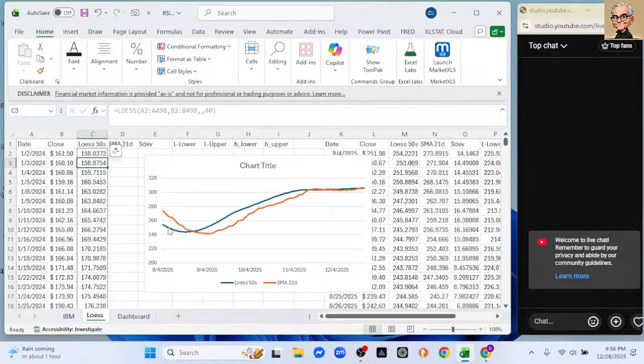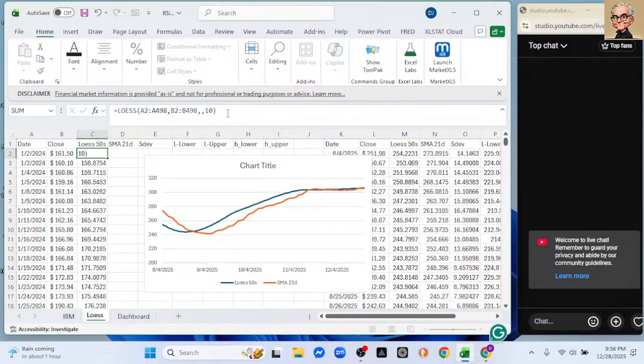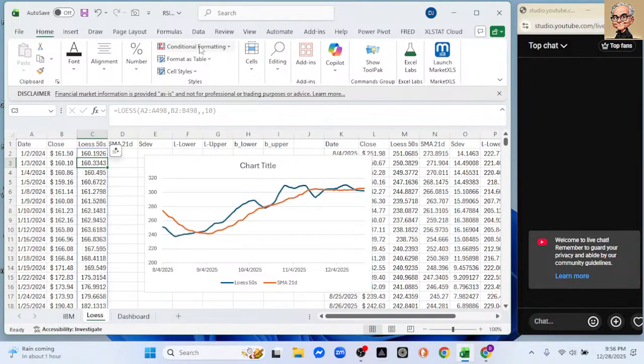It takes some, well, if you look at it, it's interesting. They start at the same spot and end at the same spot. Let's go back over here. So that's too much for the Loess line.